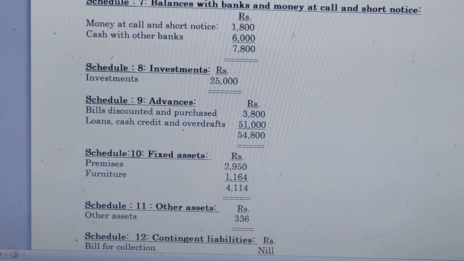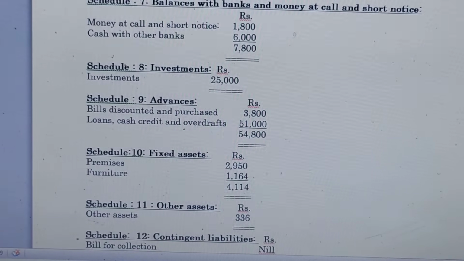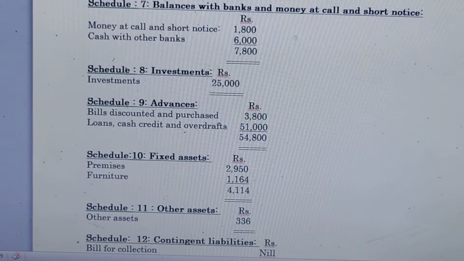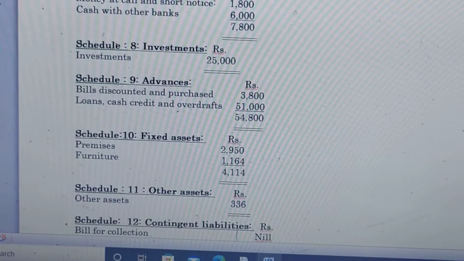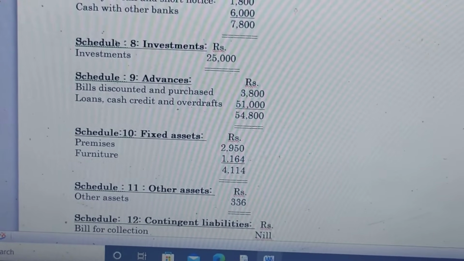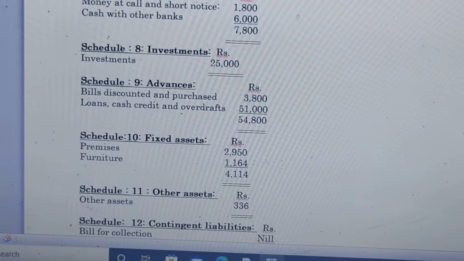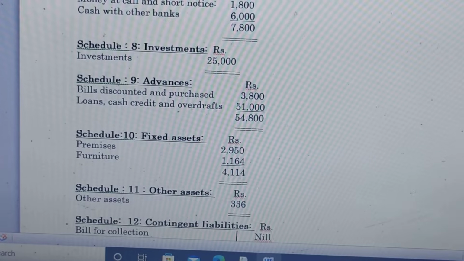The total is 54,800, that is 3,800 plus 51,000. That is the schedule number 9 total. And schedule number 10, fixed assets. Under schedule number 10 we mention premises, the amount is rupees 2,950. Then furniture, the amount is rupees 1,164.